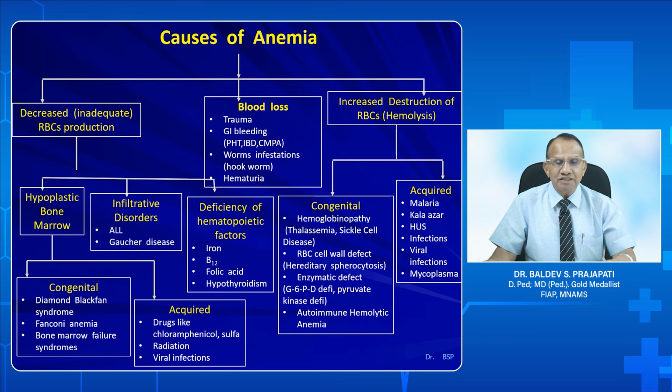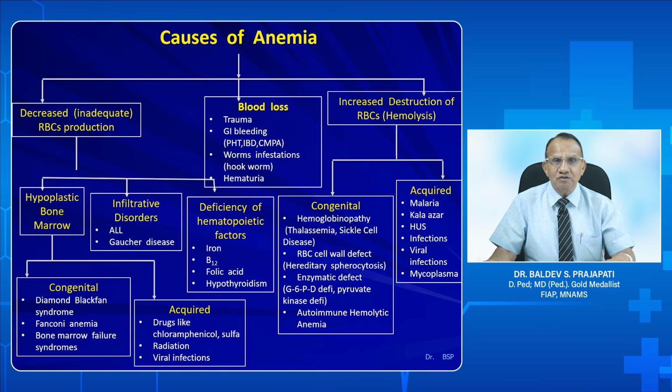If you feel that it is due to the decreased RBC production, and if it is hypoplastic bone marrow, again it can be congenital or acquired. Congenital conditions which we come across in the practice are Diamond-Blackfan syndrome in the infants, Fanconi's anemia in older children, and various bone marrow failure syndromes.